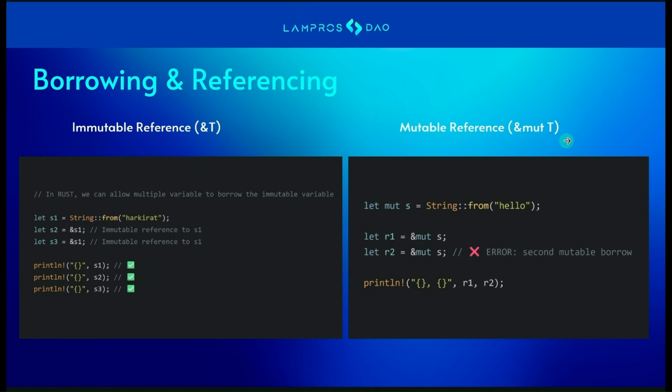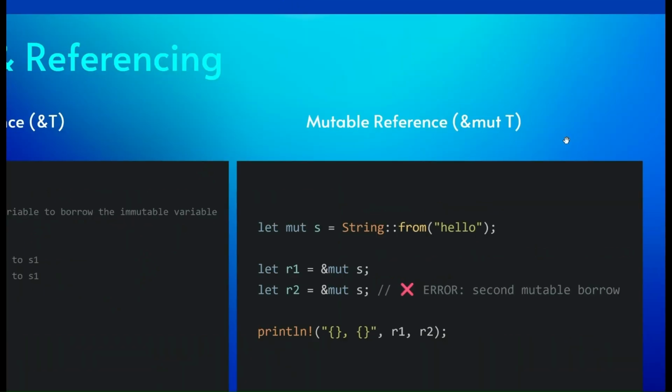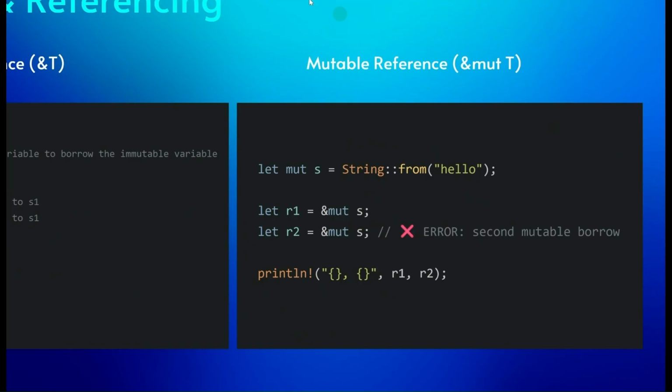Let's come to the right hand side, mutable reference. In the mutable reference, if you are creating a mutable string variable called s, and passing the value hello to that mutable variable s, it means the hello value can be changed by another variable, right? But as you can see here, we have declared two variables, r1 and r2.